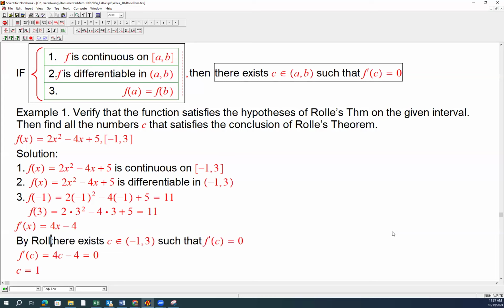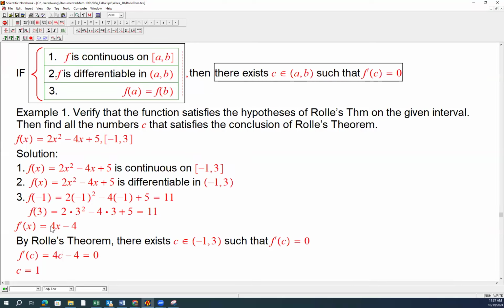So by Rolle's theorem, there exists a number c inside the interval from -1 to 3 such that the derivative of the function at c is 0.